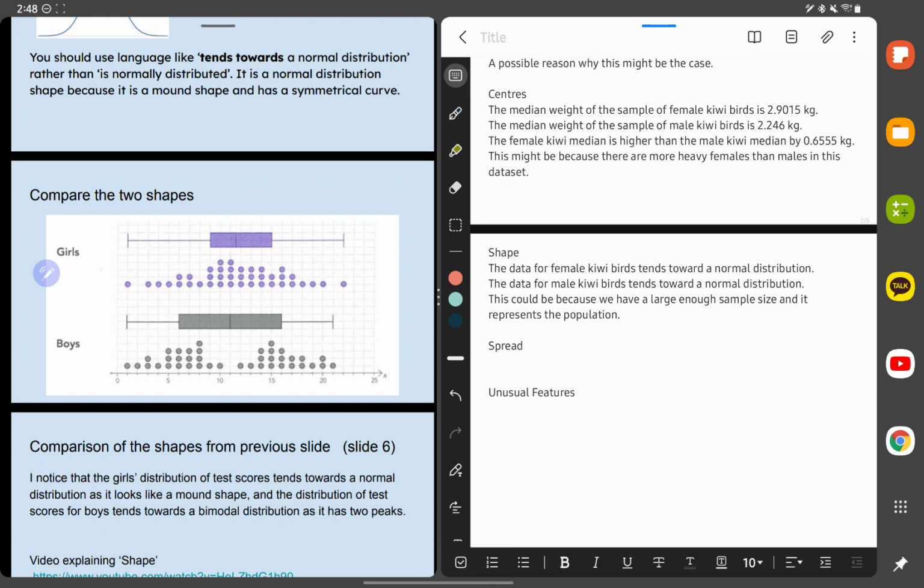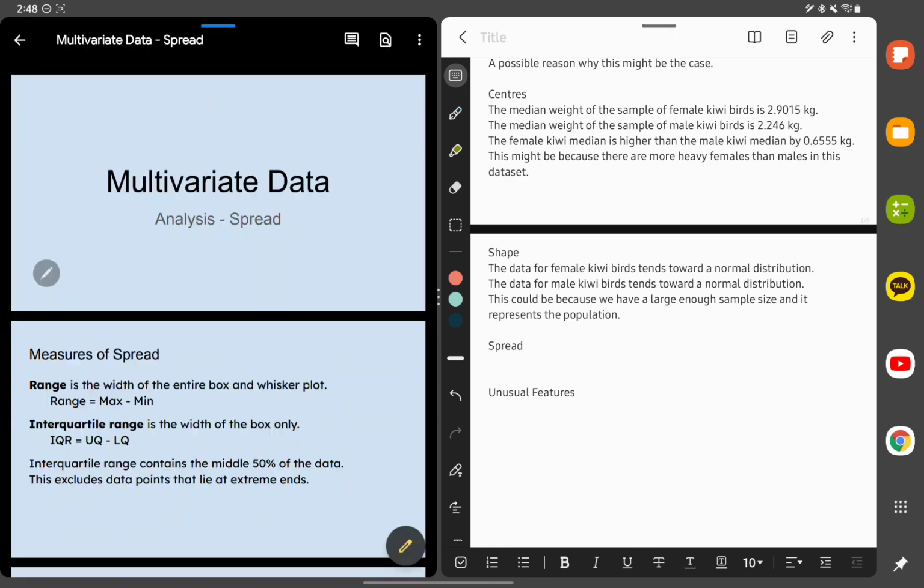Okay, let's talk about spread, and let's go on to the next slide. Okay, so this is spread. The spread means how spread out are your data points, right? If I measured 100 Green Bay High School students for their height, I wouldn't just get one height.